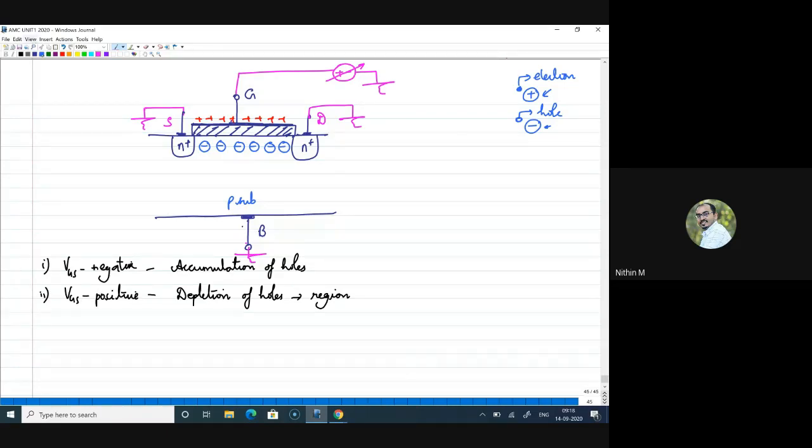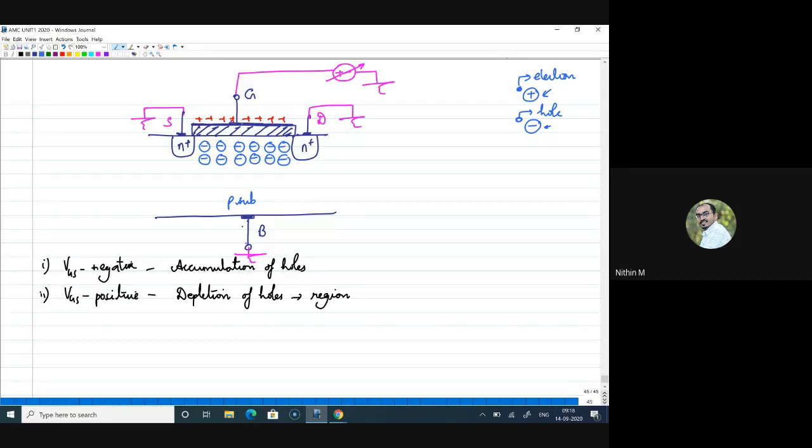So one thing we can observe is the depletion region depth may widen, the depth will increase because of these positive charges accumulating on the gate. But at the same time, this also leads to attraction of electrons to the region beneath the gate, because we know that whenever you have more positive charges, equivalent negative charges also should be there.